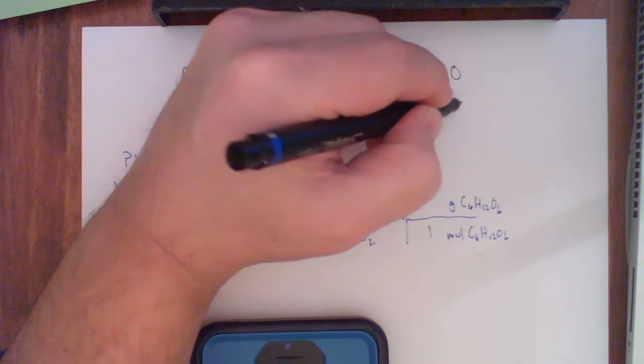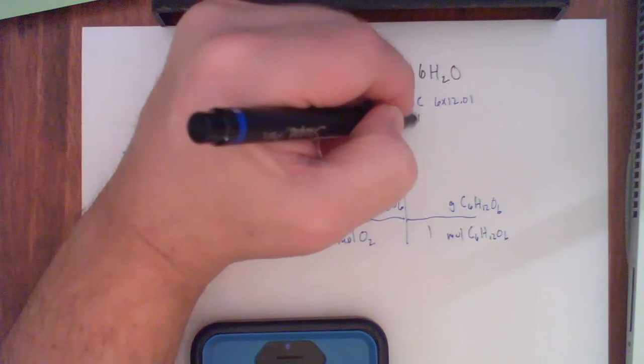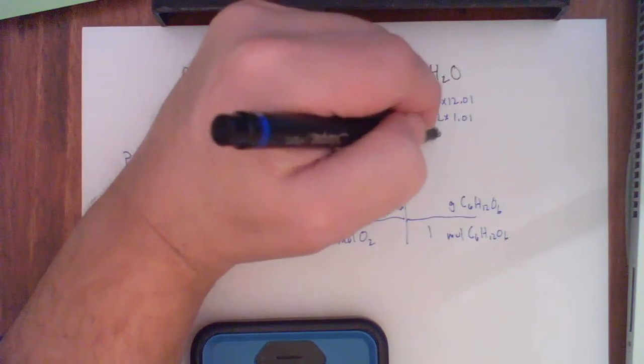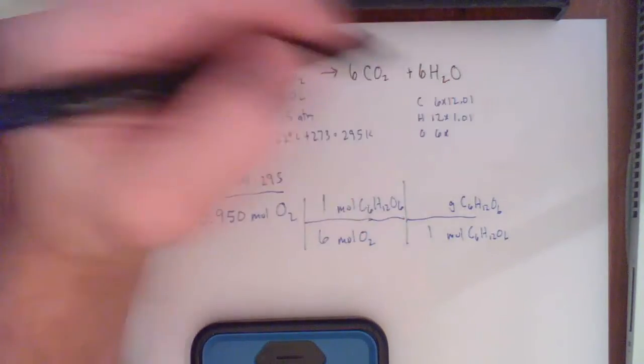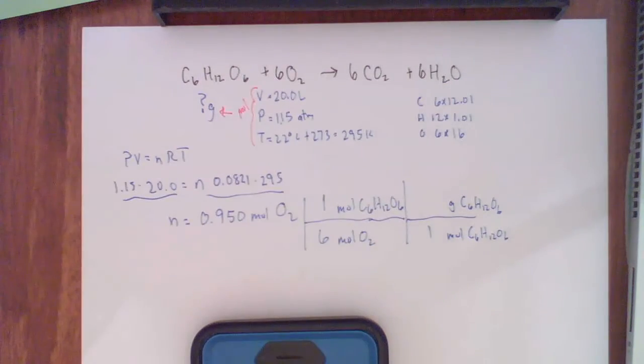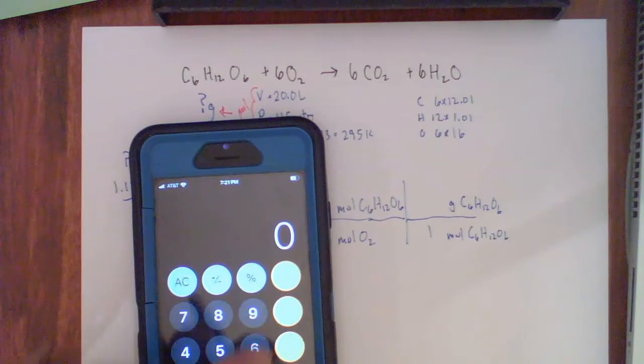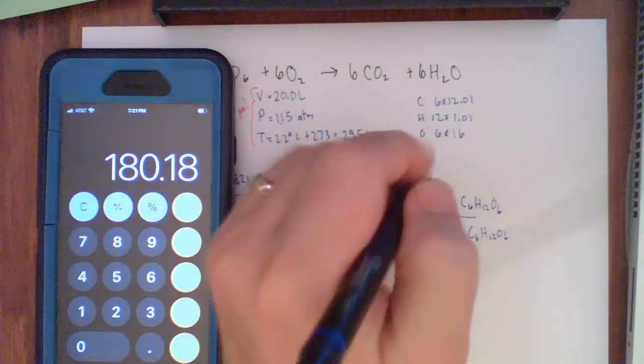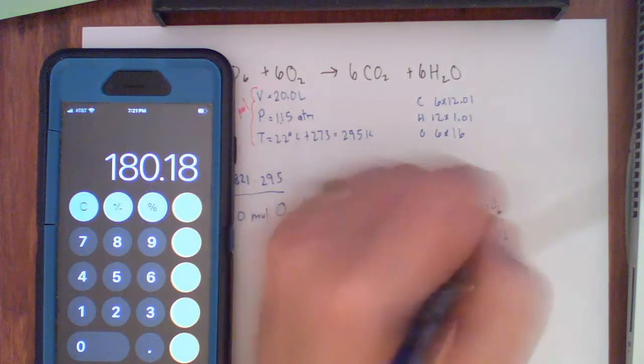So carbons, 6 times 12.01, hydrogen, 12 times 1.01, and oxygen, 6 times 16. Okay, so let's go through and figure that out. So 6 times 12.01 plus 12 times 1.01 plus 6 times 16, so 180.18.